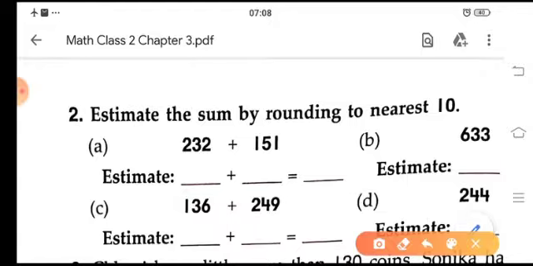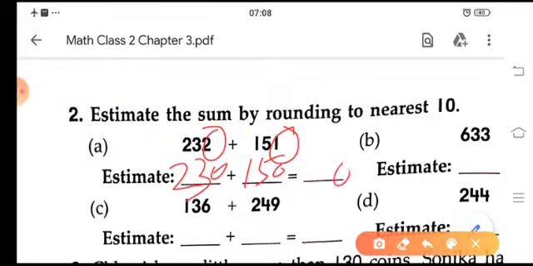When the digit at the one's place is below 5, we write 0 at the one's place, so 232 becomes 230. And in 151, 1 is below 5, so again we write 0 over here, and we get 150. Now add these numbers: 0 plus 0 is 0, 5 plus 3 is 8, 1 plus 2 is 3. So the estimated sum is 380.